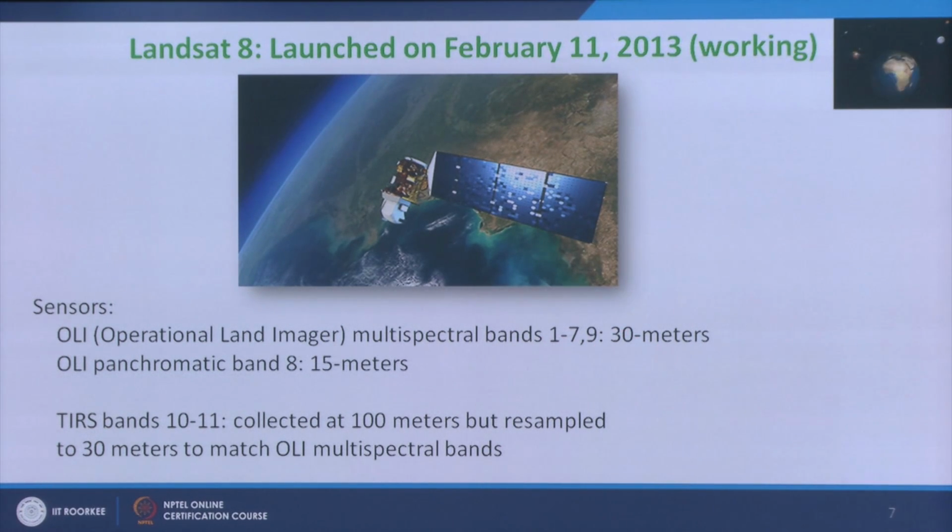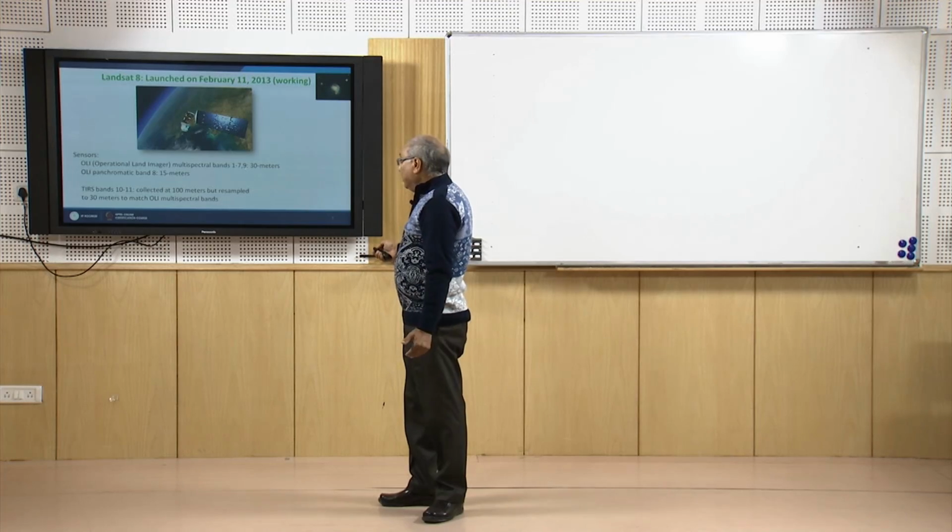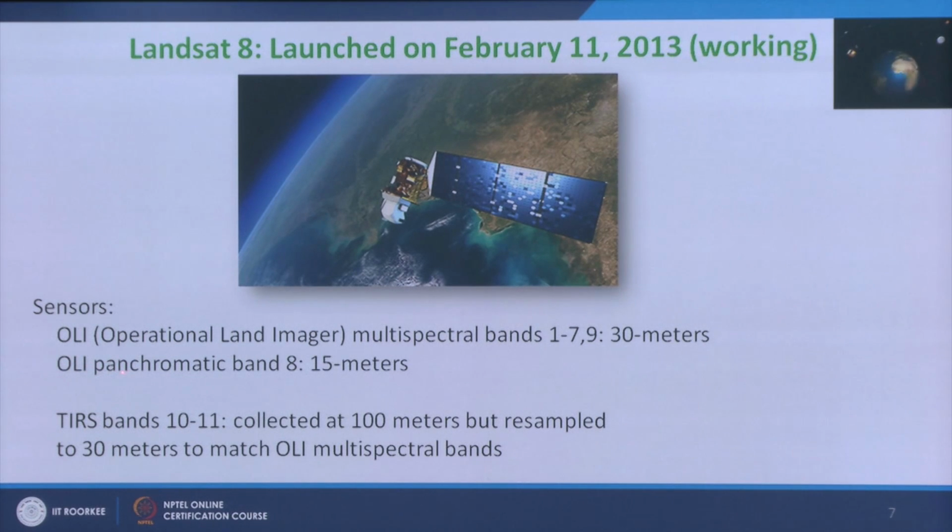So instead of 4 as we had in case of MSS, now we have 9 channel data, and channel 8 is having 15 meters spatial resolution, which is specially designed for panchromatic data acquisition, whereas bands 1 to 7 and band 9 are having 30 meter spatial resolution.